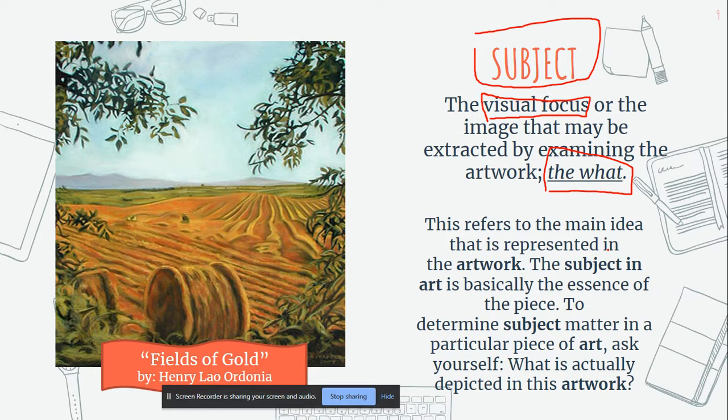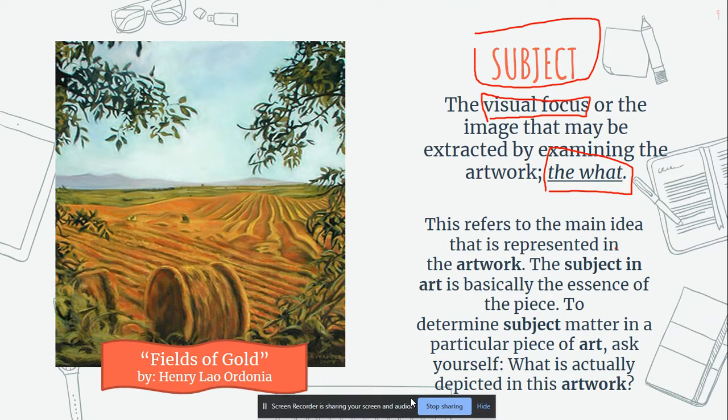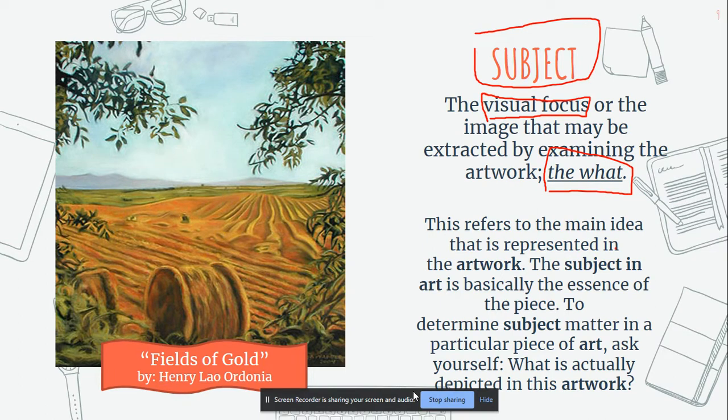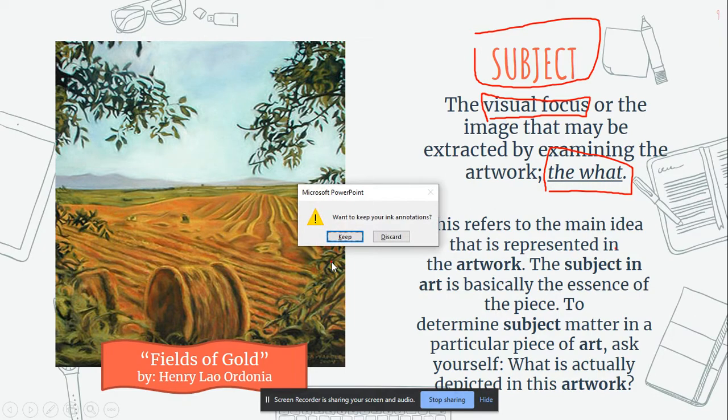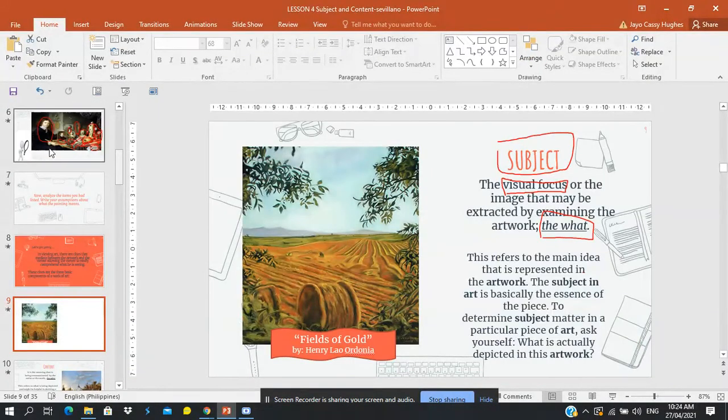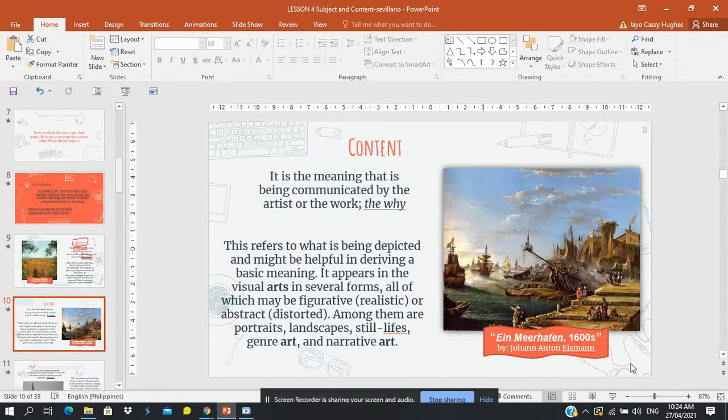We will now have its next clue. Let's have the next clue.